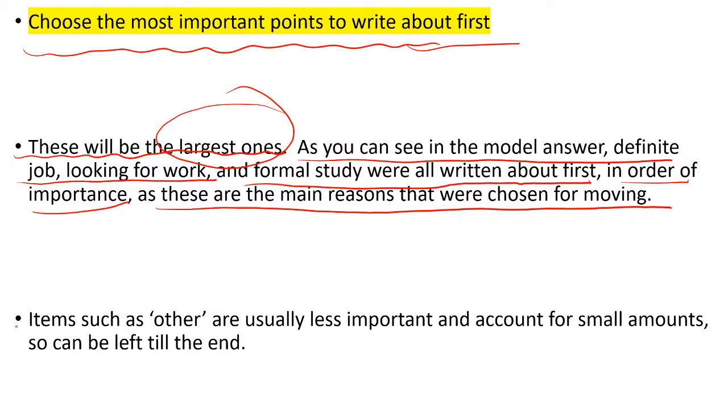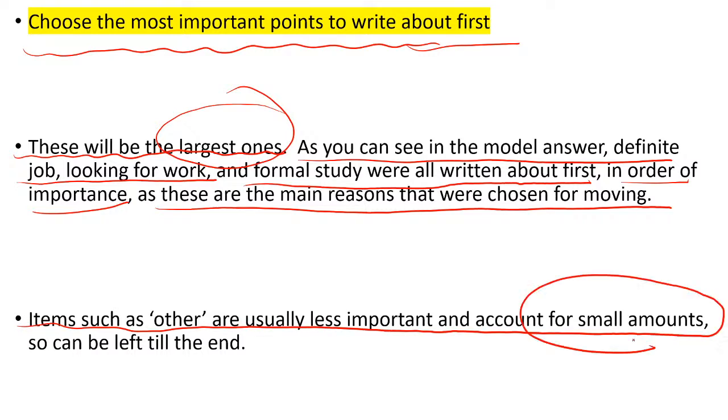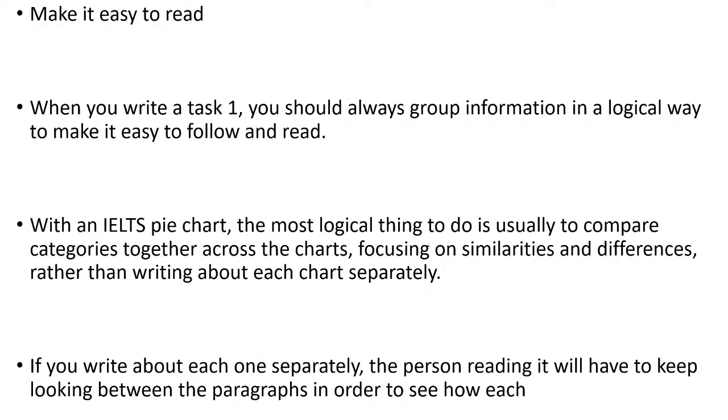Items such as others are usually less important and account for a small amount, so they can be left till the end. Further, you need to make it easy to read for other people.